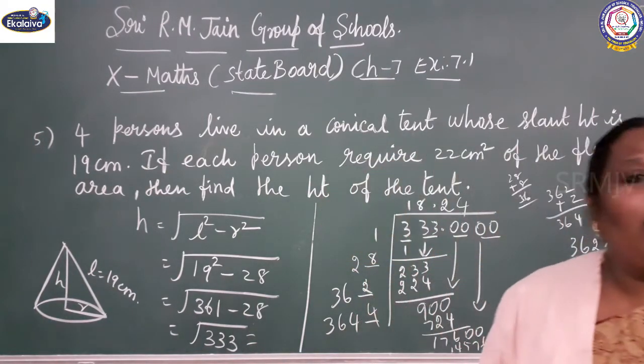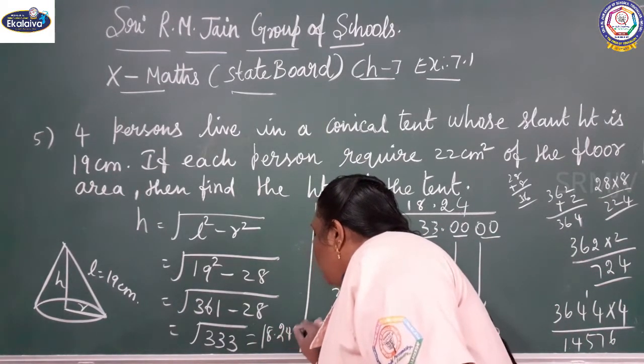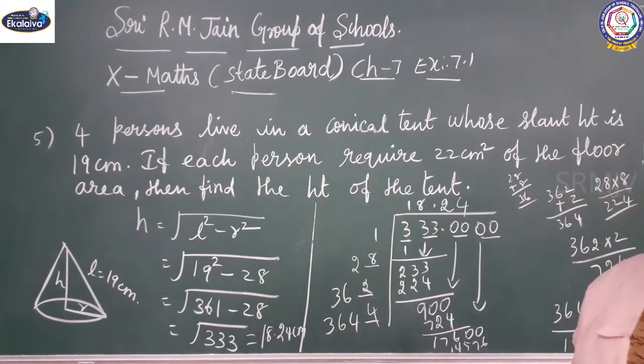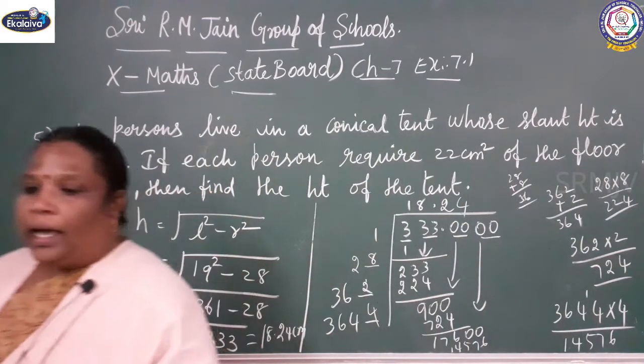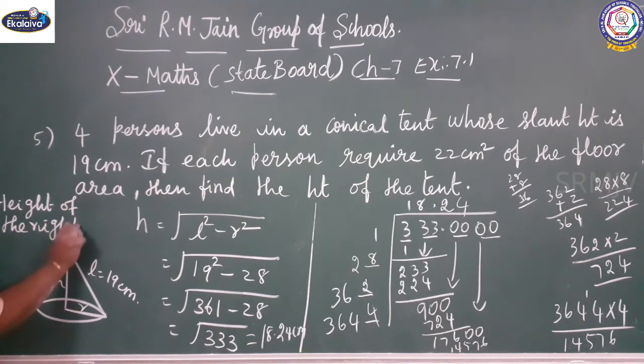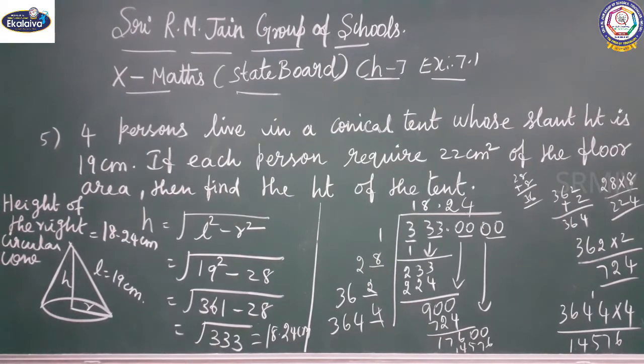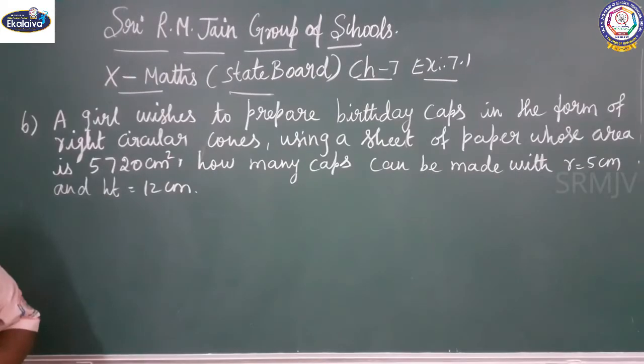Height of the right circular cone equal to 18.24 centimeter. See the sixth sum.